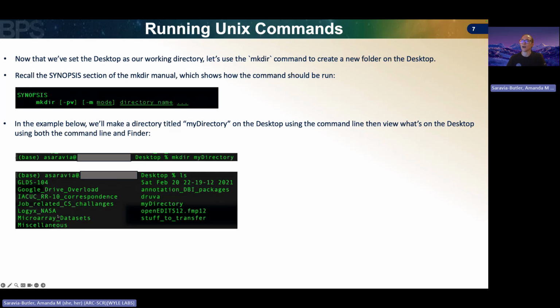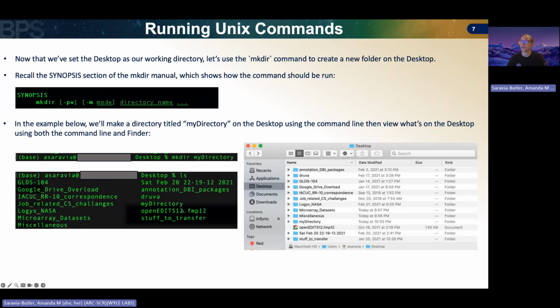And I can see now that my directory folder is there on my desktop. And similarly, if you look at the desktop in your Finder window, you will also see that my directory folder was created. Again, these are the same because this is the same location on your computer.